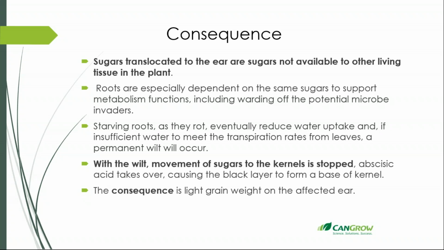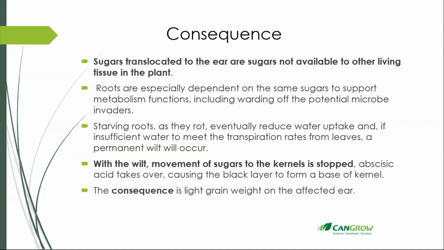Starving roots, as they rot, eventually reduce water uptake, and if there is insufficient water to meet the transpiration rate from the leaves, a permanent wilt will occur. So we get this wilt, and with the wilt, movement of sugars to the kernels is stopped. Abscisic acid takes over, causing the black layer to form at the base of the kernel. The consequence is light grain on the affected ear.